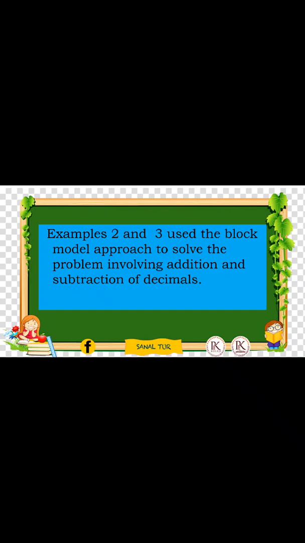Going back with example number 2. In example number 3, we have used the block model approach to solve the problem involving subtraction and addition of decimals. But there are many strategies as what we have mentioned a while back.